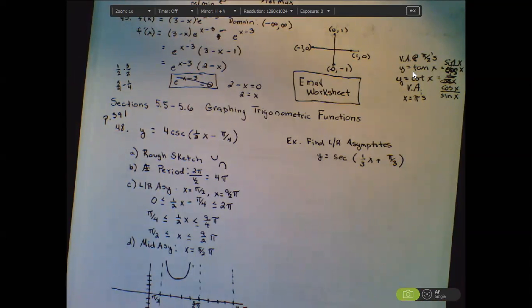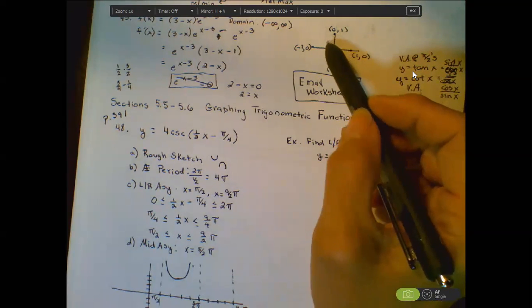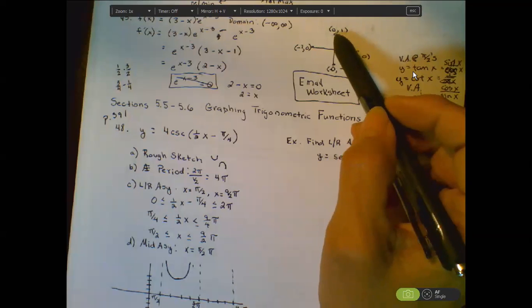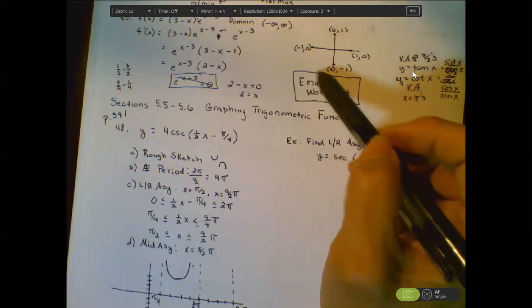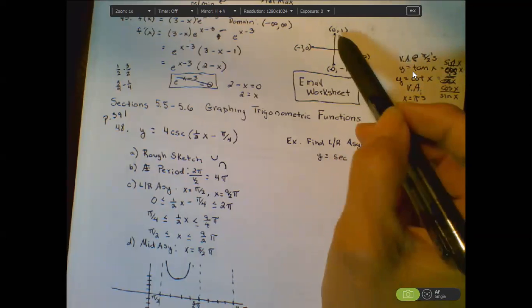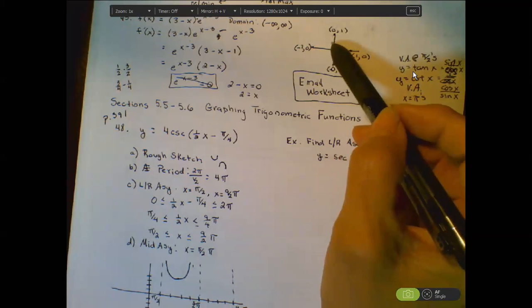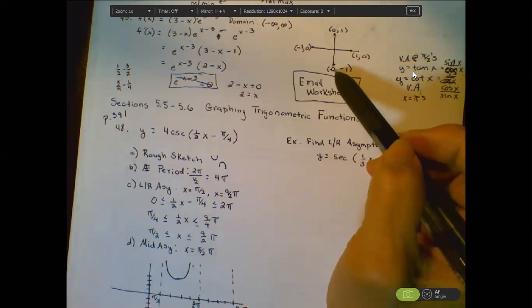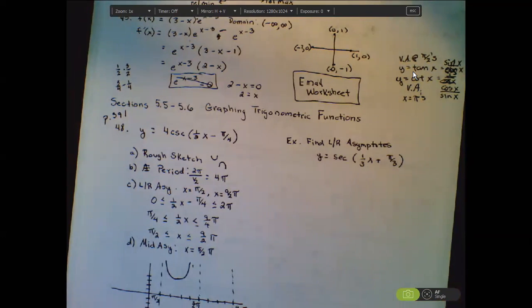We need one complete revolution of the unit circle. We could say from pi over 2 back to pi over 2, but that's not what we use. Look in your notes and tell me what we use for that left and right asymptote of secant.